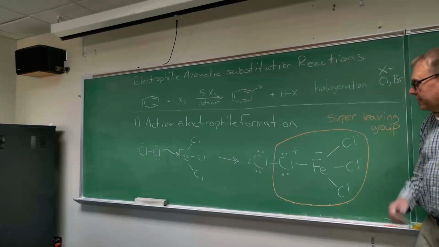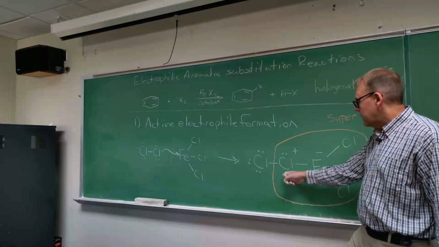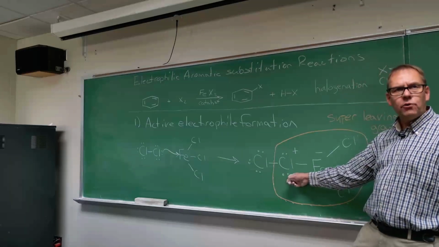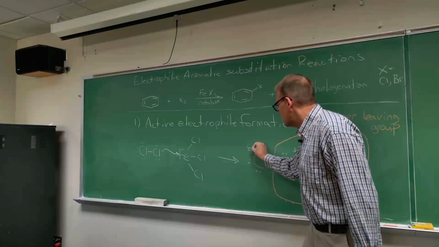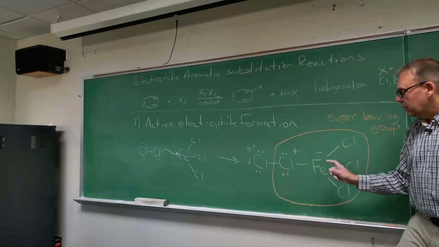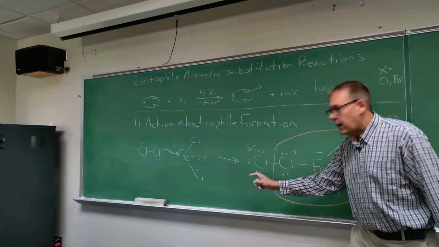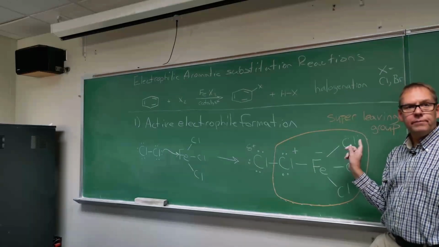And it's not that the positive charge exclusively resides on the chlorine. That chlorine has a formal positive charge, but this chlorine over here has some partial positive charge as well. So what we're going to see in the next step is that the electron cloud in the benzene ring attacks that chlorine, and then this functions as a leaving group.